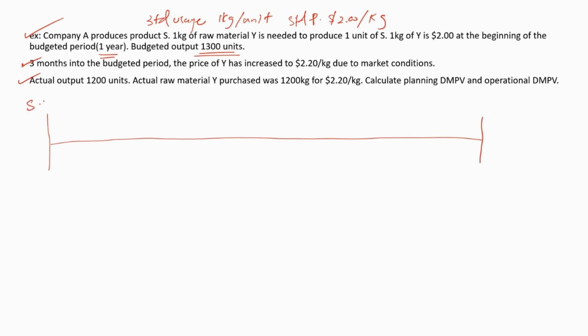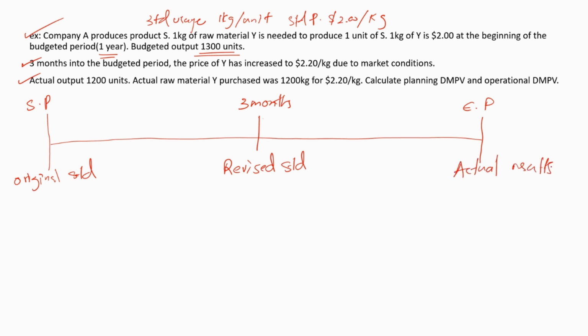So this is the start of the budgeted period. This is the end of the budgeted period. And this is the 3 months into the budgeted period. So what we are going to do is revise the original standard. This will be the original standard, this will be the revised standard and this will be the results. So what are the values under original standard?